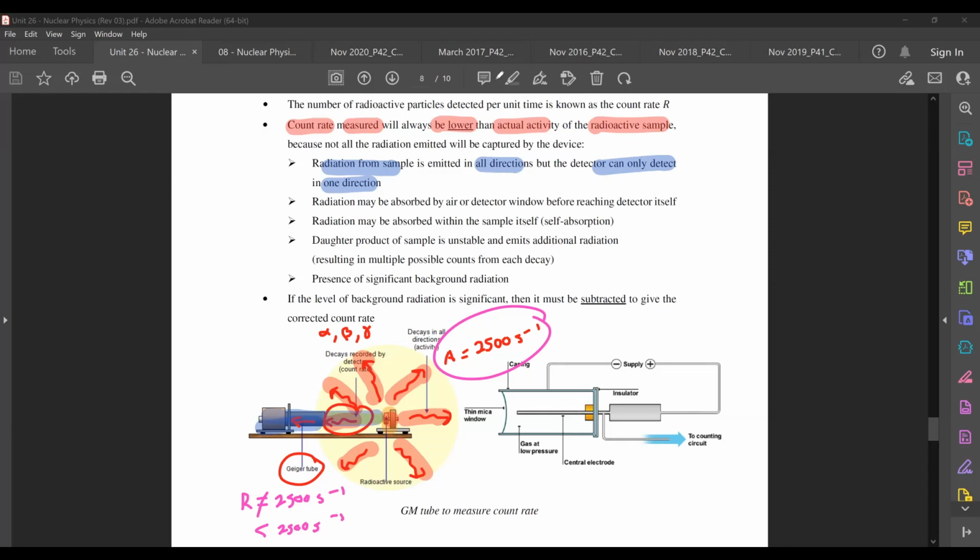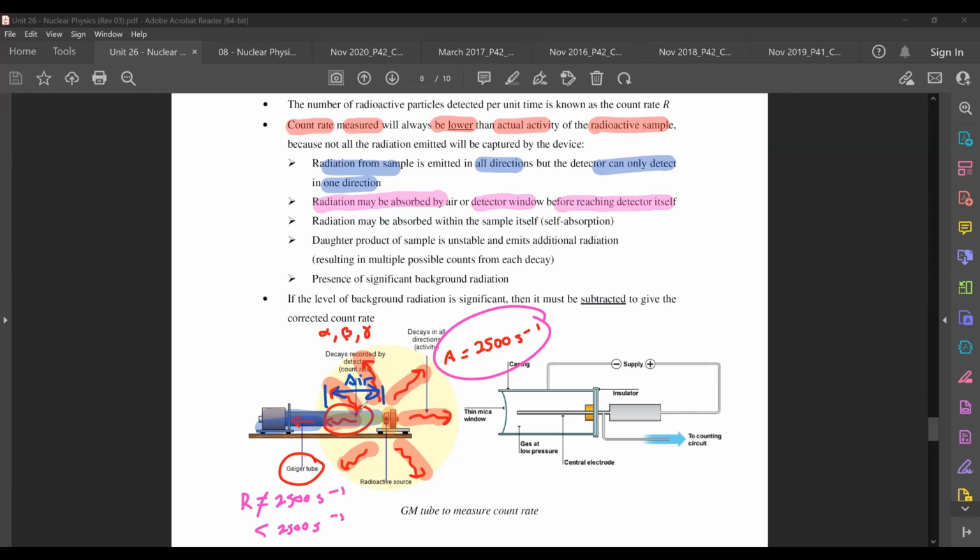There are also some other reasons why your actual count rate could be less. For example, your radiation could be absorbed by the air or the detector window itself before reaching the detector. When your radiation is emitted, it has to pass through a layer of air.